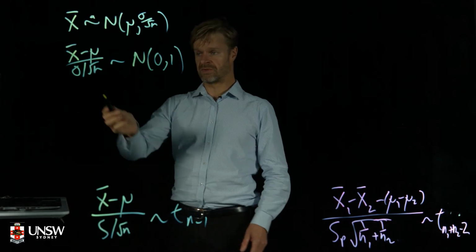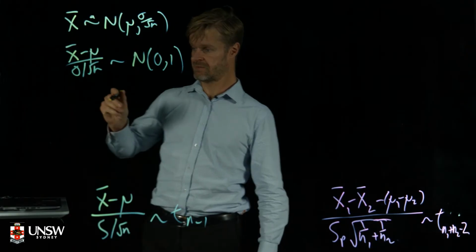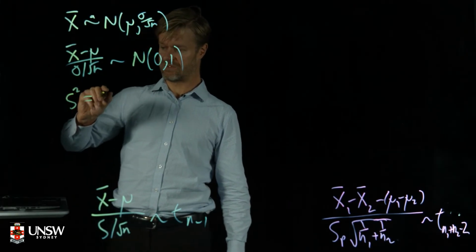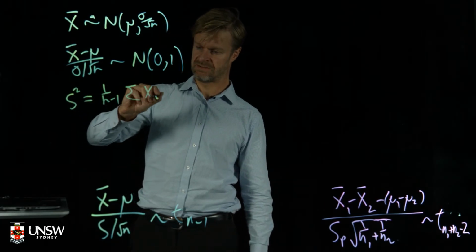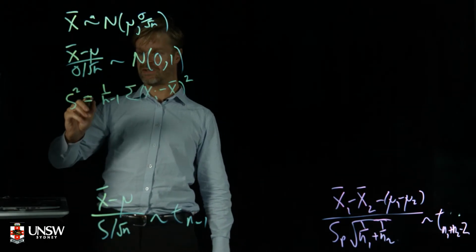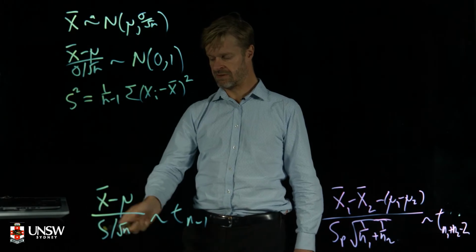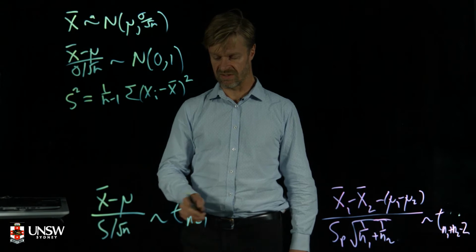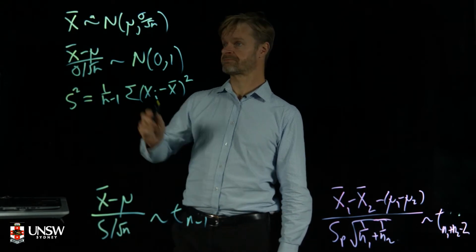In life, we don't usually know the true standard deviation, so we estimate it using s, the sample standard deviation. S squared is a statistic which satisfies this equation here. And then if we just replace sigma with s, we end up with this statistic here, which can be shown to have exactly a t n-1 distribution if your data is normal.